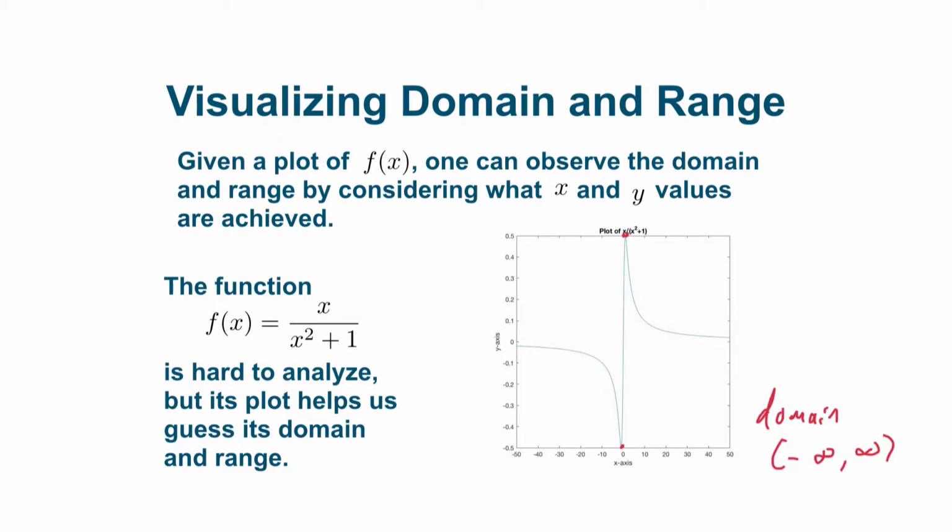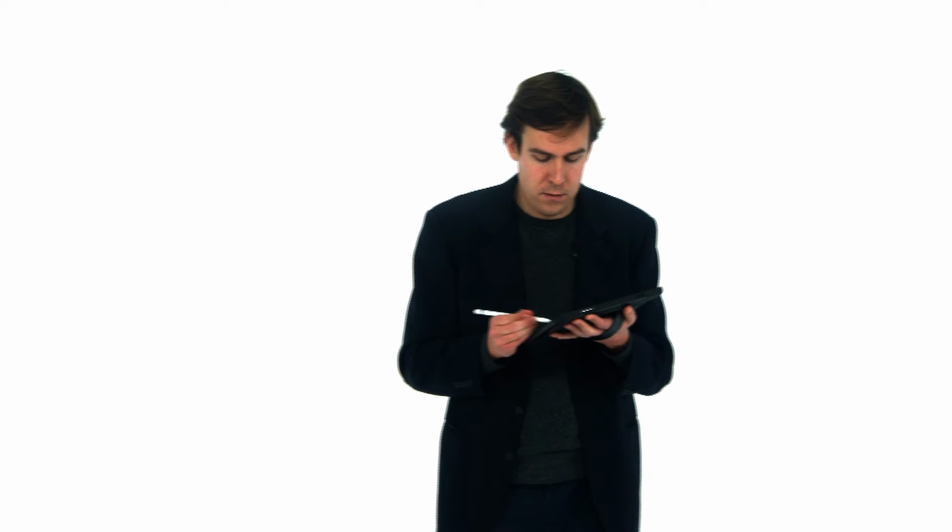So what I have is range is equal to minus 1/2 to 1/2. Okay, so kind of nice to be able to just look at the picture and infer these things.